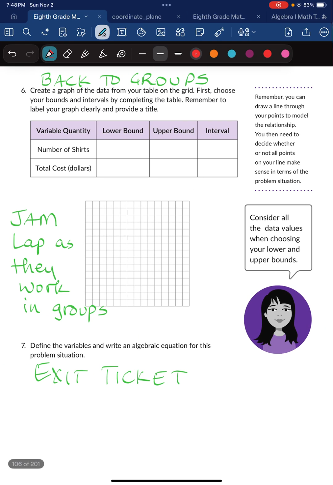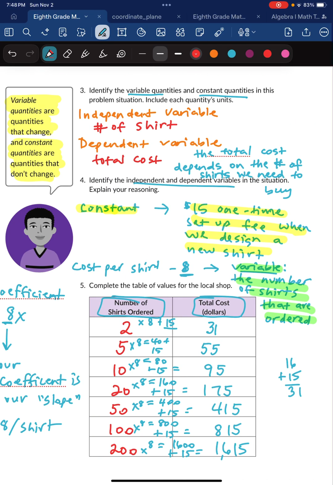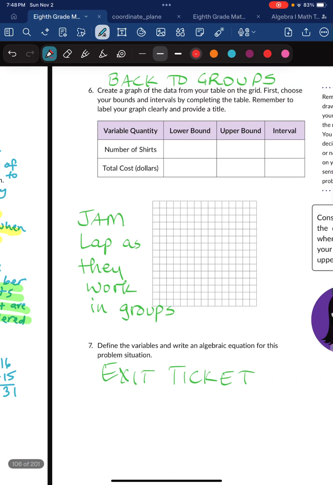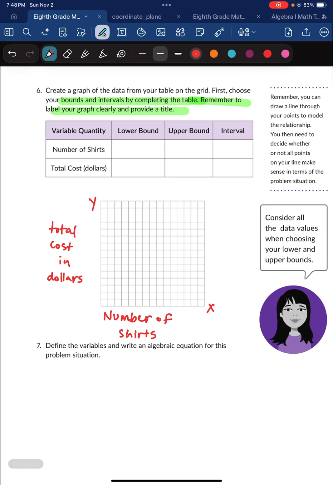So let's look at this. We went from 2 to 200 number of shirts ordered. And then we went at a total cost of $30, $31, all the way up to 1,615. So I think we need to go by 100s on our y-axis.